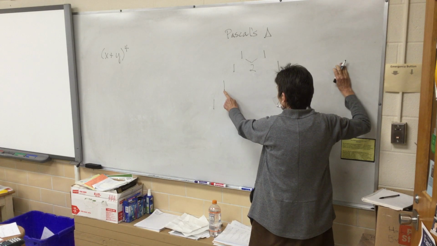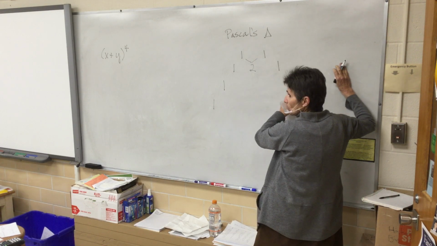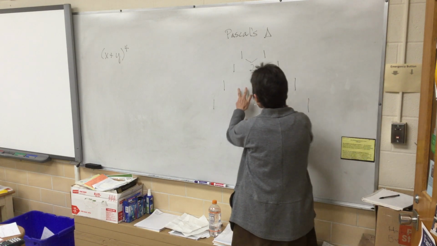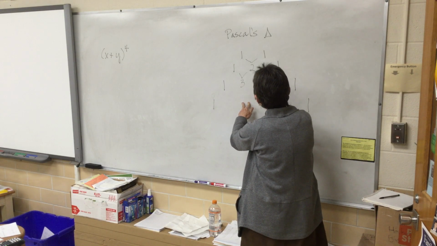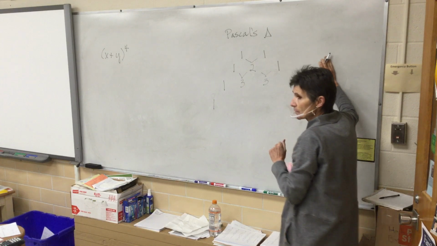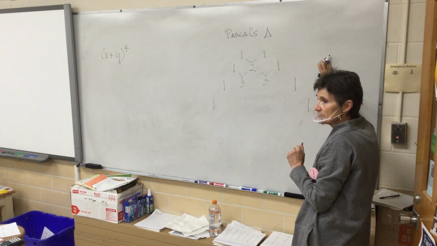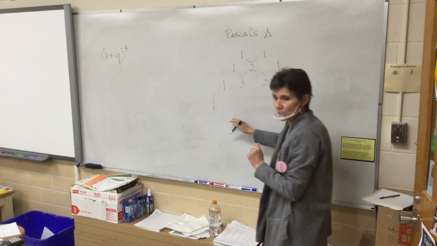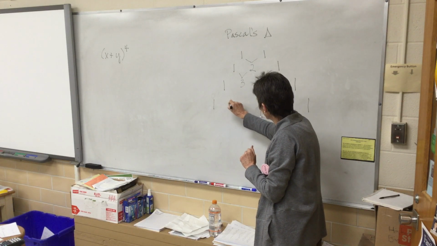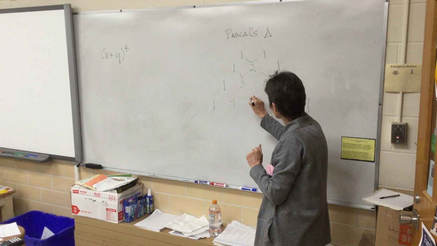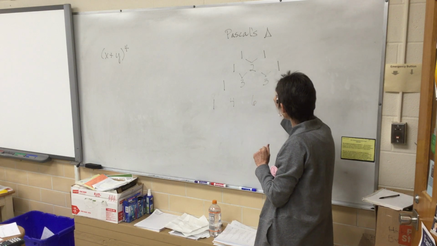Now the third row starts with a 1, ends with a 1. But now to get these middle numbers, I'm going to add these and get 3, and add these and get 3. So what do you think this next row is going to be? I start with a 1, end with a 1, but what am I going to put here? 4, 6, 4.